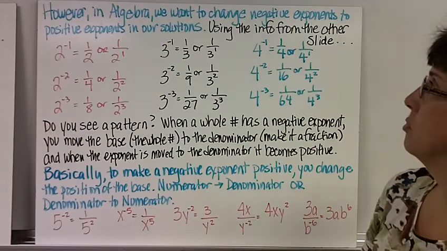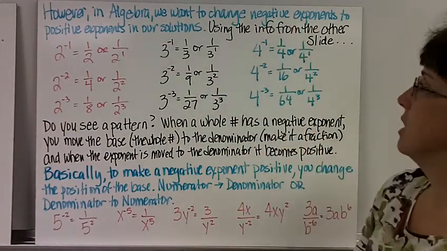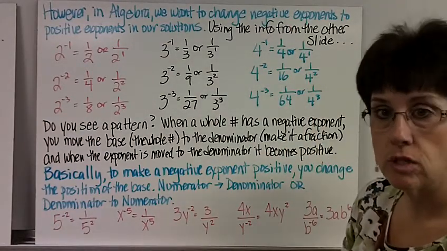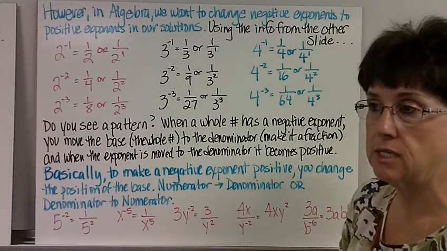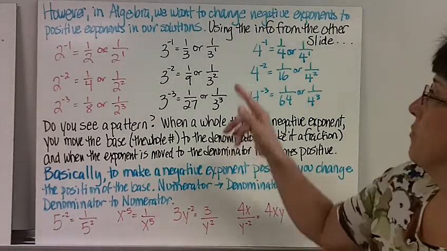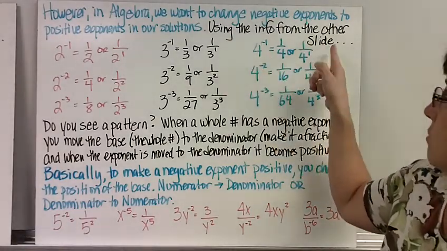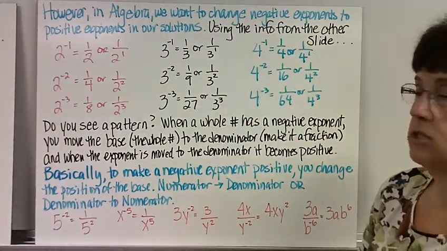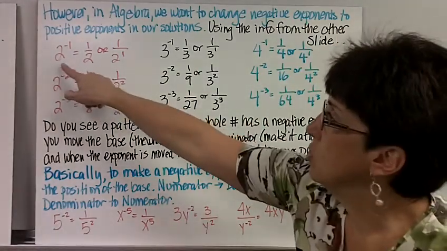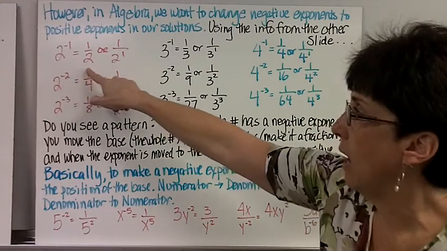However, in algebra, we like to change negative exponents to positive exponents in our solution, just like we don't like to say negative x equals. So use the information from the other slide, and let's look and see. Remember, we had 2 to the negative 1 is 1/2.